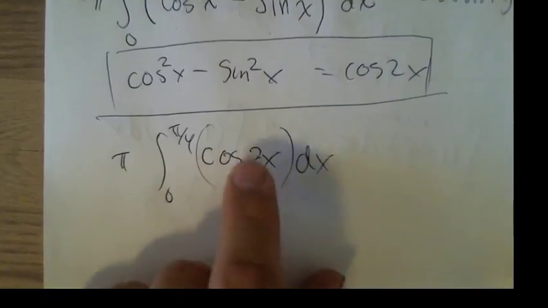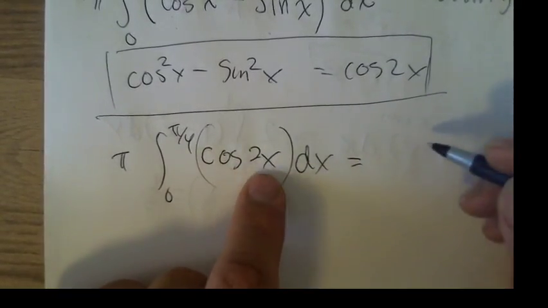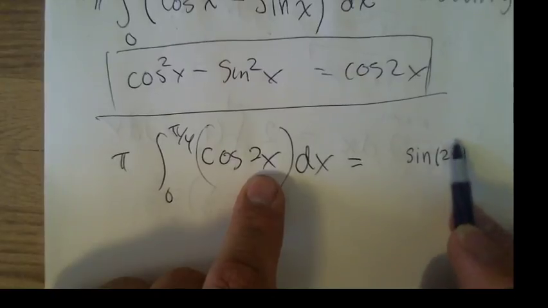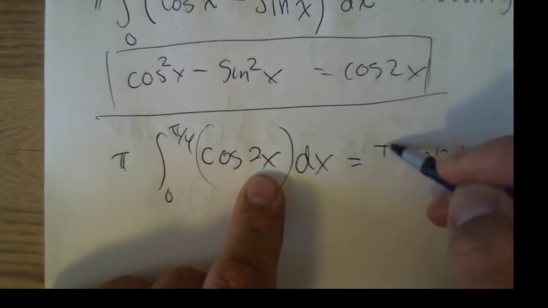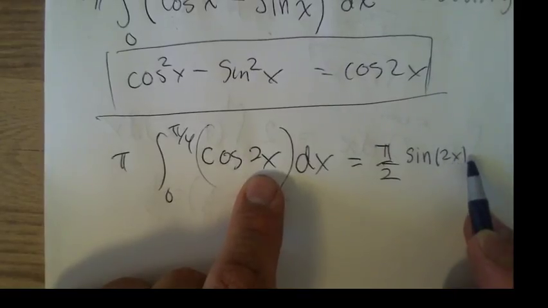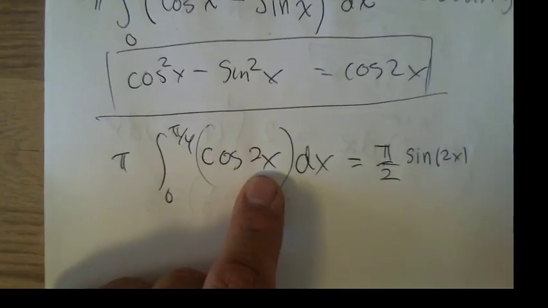Always remember, be careful here. When I take the integral of this, it'll be sine of 2x, but don't forget that 2. I have to compensate for it. The derivative of that is just 2, so make sure you divide by that constant and evaluate it at pi over 4 and 0.